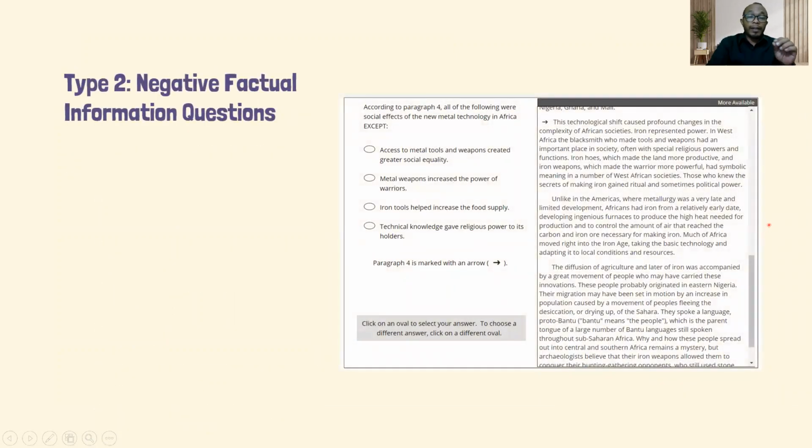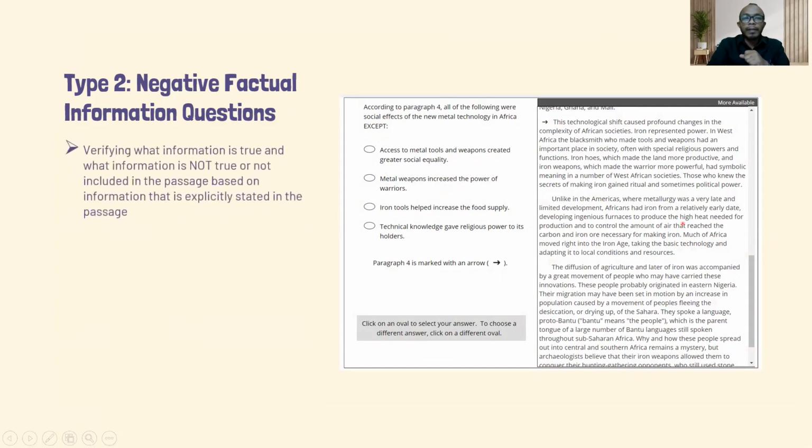Now, the second type is what's called the negative factual information question. And you can see the example given there. This type of question is asking you to verify which of the information from the options is true and which is not true or not included in the passage. All right.